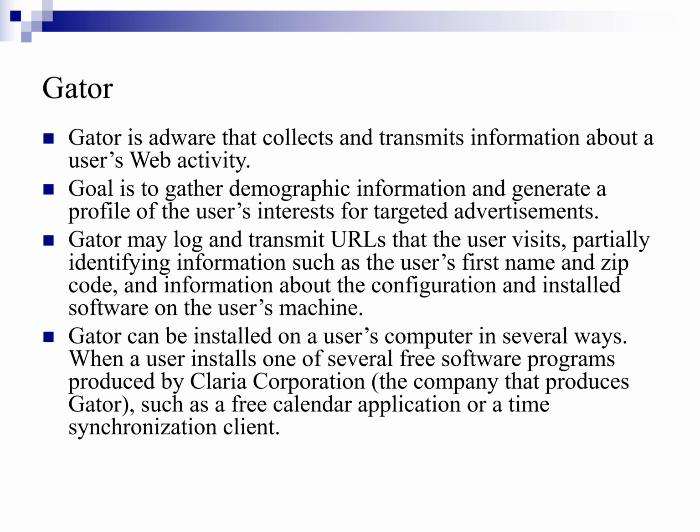Gator can be installed on the user's computer in several ways, for example when a user installs one of several free software programs produced by Claria Corporation, the company that provides Gator, such as a free calendar application or a time synchronization client.